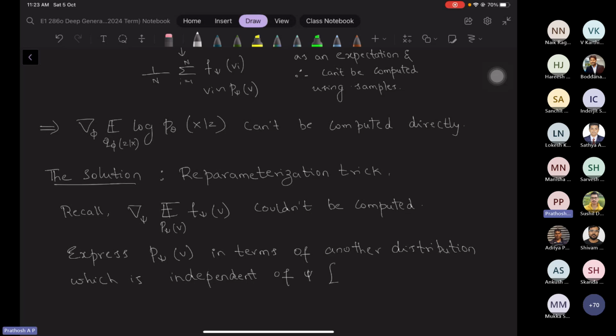This is exactly what is called the reparameterization. Okay, I'll tell you. Reparameterize.